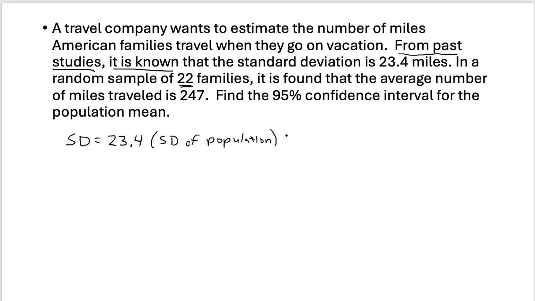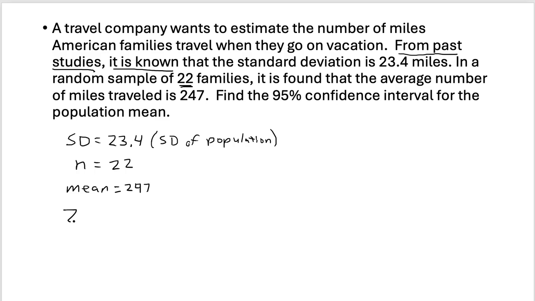It says in a random sample of 22 families, so I know that my sample size is 22. And it's found that the average number of miles driven is 247, so that's my mean. And it's asking me to find the 95% confidence interval for the population mean.